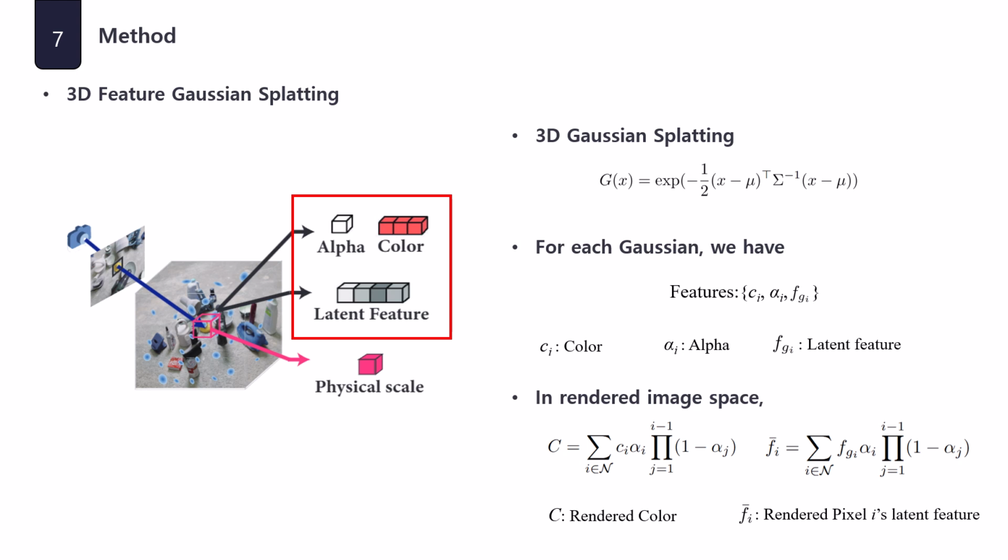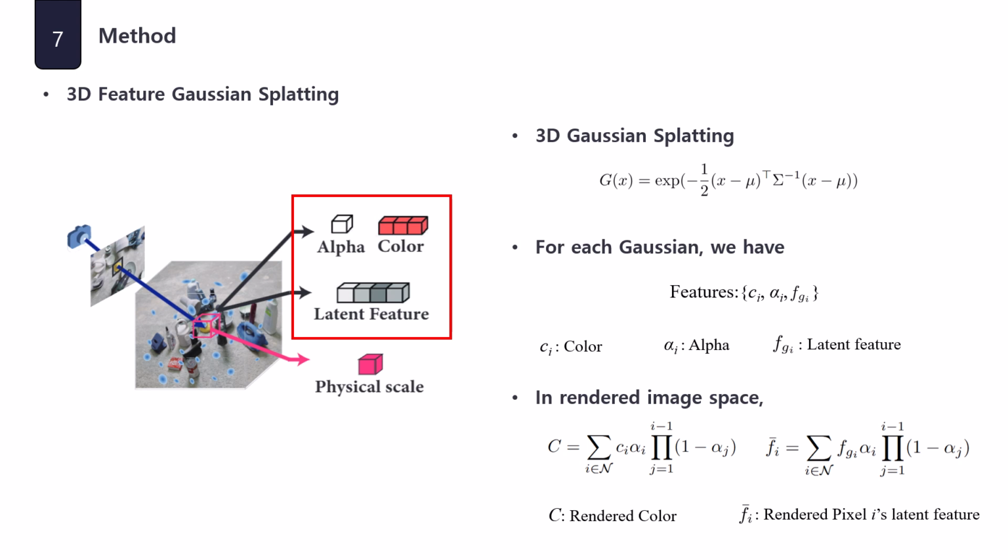First, introducing latent features. In addition to the color and alpha, each Gaussian is also assigned a latent feature vector. This latent feature is randomly initialized for each Gaussian. As highlighted in the diagram, each Gaussian now has its color, alpha, and this new latent feature.